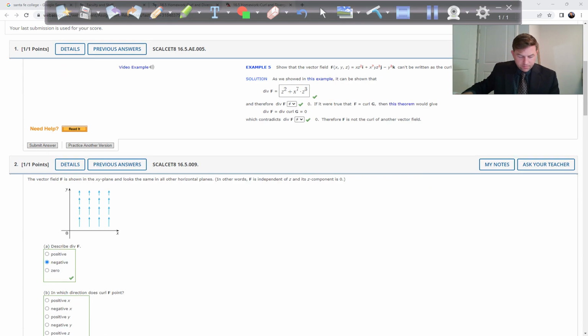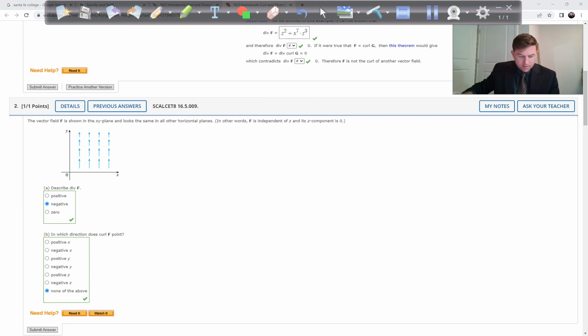Problem 2 says the vector field F in the xy plane looks the same in all other horizontal planes. In other words, F is independent of z and its z component is 0.